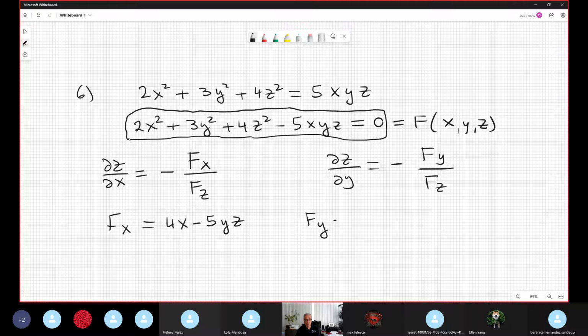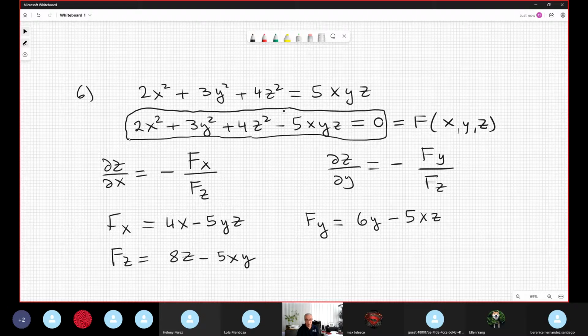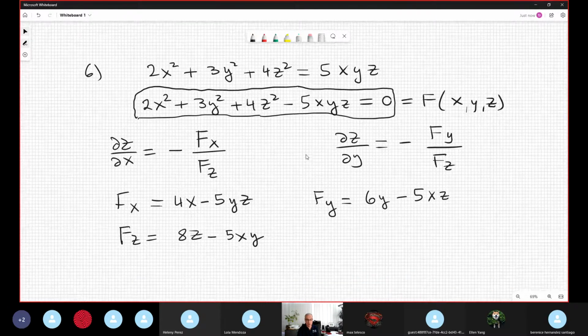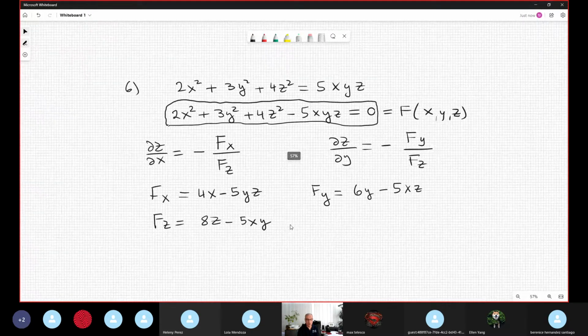Likewise, Fy is equal to 6y minus 5xz. And Fz is 8z, that guy, minus 5xy. And the rest is easy. Just plugging into the formula and end of story.